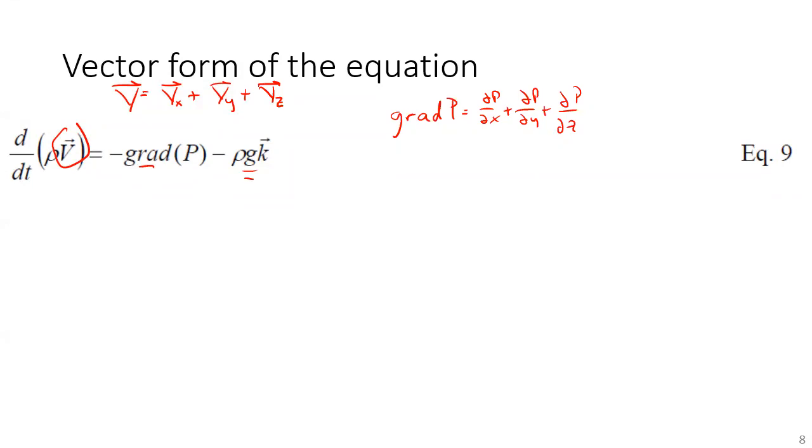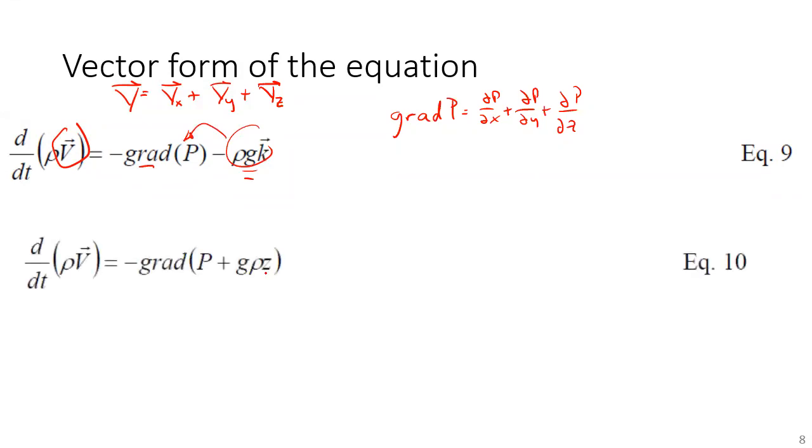And then another way to do this, what we would like to do is pull this into that gradient operator. And how we do that is instead of using the unit vector, we're just going to use some distance in the z direction.